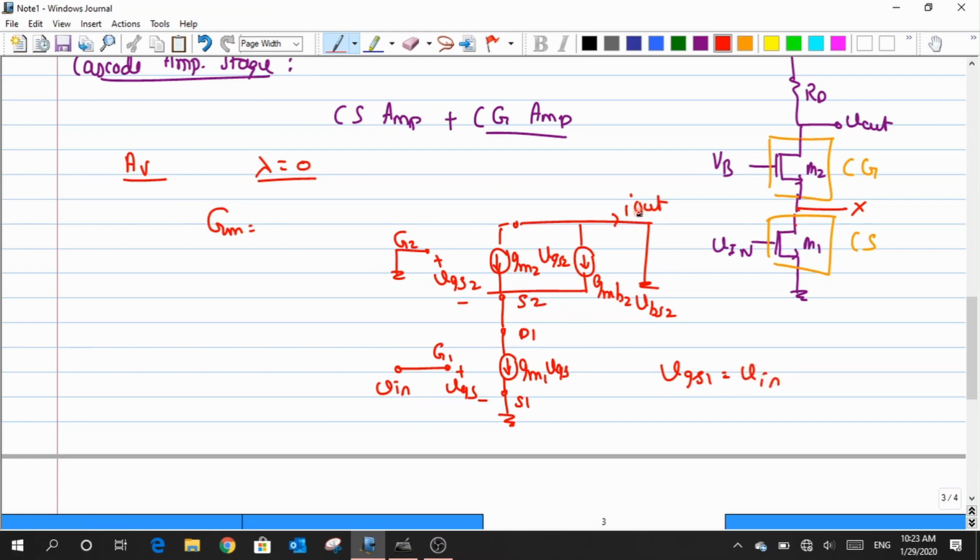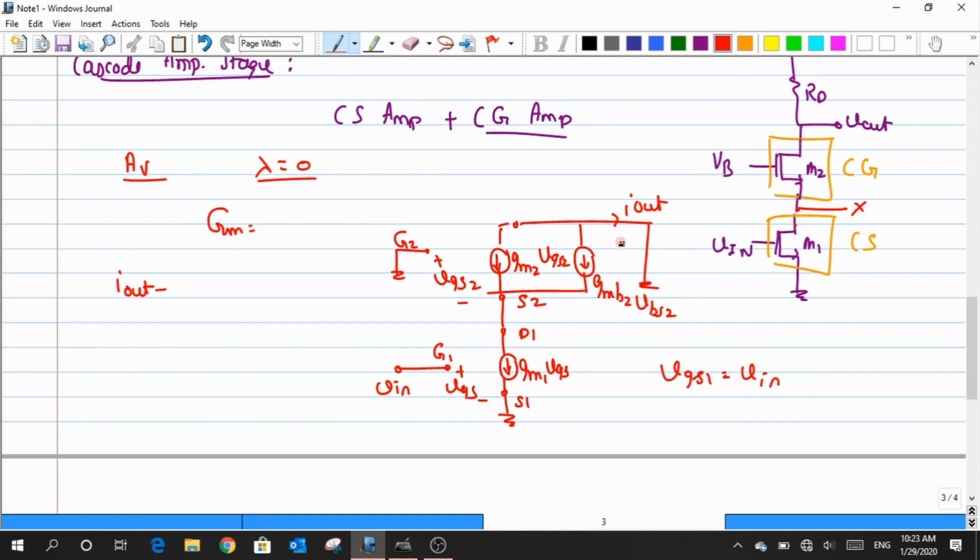So what would be the I out here for the current drawn schematic? What is my I out? Yeah, it is just minus GM1 VGS. My I out is just this current that could have been split across these two current sources, but it doesn't matter.